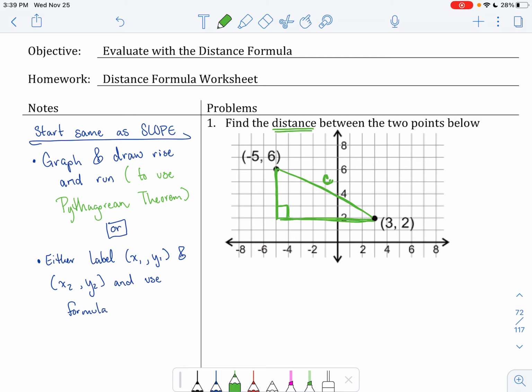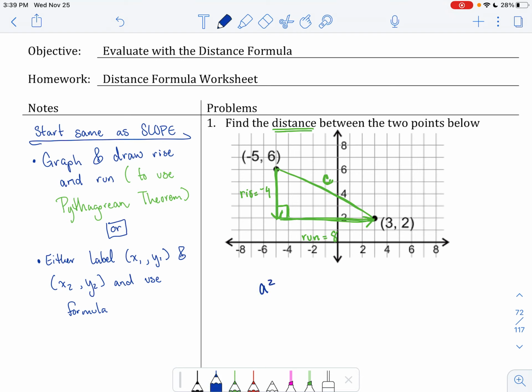So if I'm looking here, my rise would be negative 1, 2, 3, 4. So my rise is negative 4, and my run is 1, 2, 3, 4, 5, 6, 7, 8. So my run is positive 8, since this is the positive direction, and then this is negative.